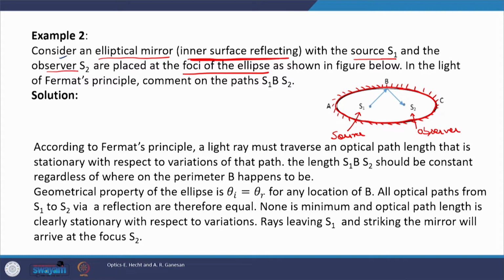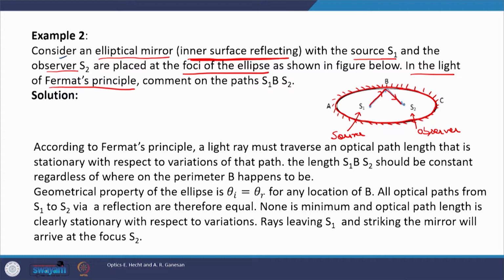Now, the question asks for exercising Fermat principle and commenting on a particular ray path. In this ray path, the ray starts from source S1 and falls on a point B on the surface of the mirror, and after reflecting from point B, it goes to observer S2. We will have to discuss this scenario in the light of Fermat principle.